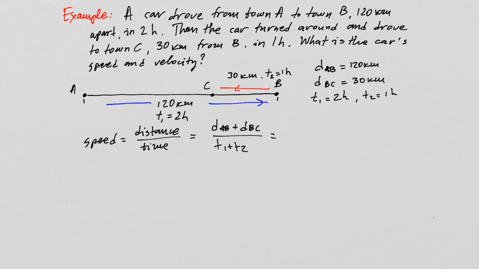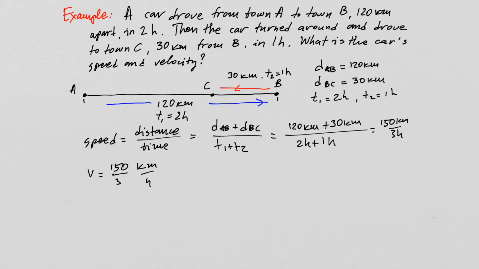So substituting the values here, that is 120 kilometers plus 30 kilometers divided by 2 hours plus 1 hour, or this is 150 kilometers divided by 3 hours. So the speed V is equal to 50 kilometers per hour. So this is the speed of the car.